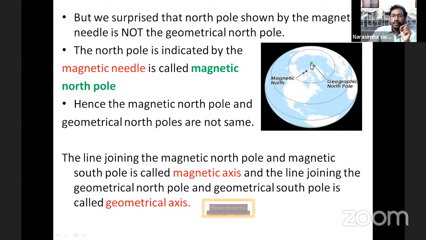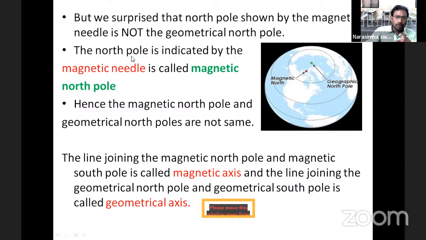So some difference comes here, and we will discuss why it happens. The green dot is structurally, geometrically the north pole, and this red dot is the north pole indicated by our tool, the magnetic compass needle. That's why we are surprised that the north pole shown by the magnetic needle is not the geometrical north pole. Why this happens, we'll discuss.